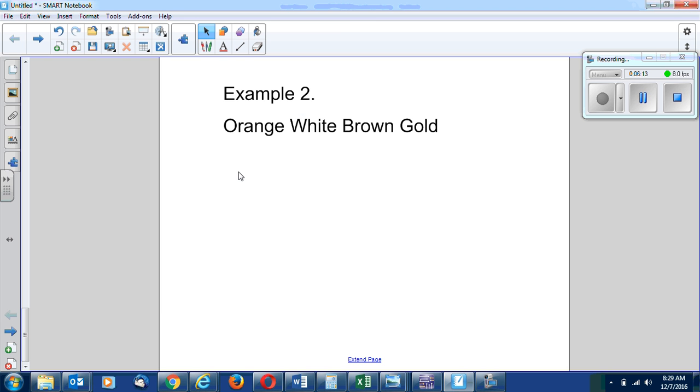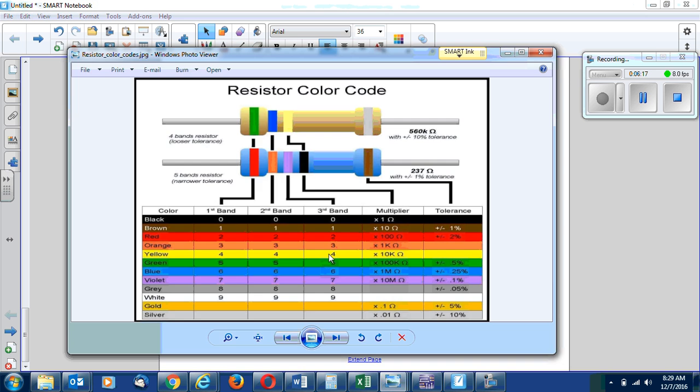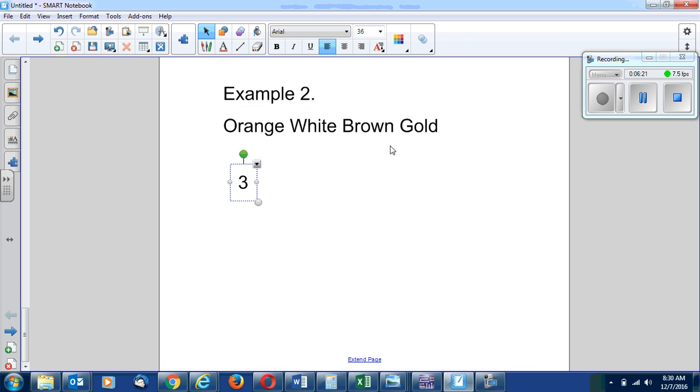So, orange corresponds to 3. Now let's take a look at the white. White corresponds to 9, so that's my second band. Now my third band is my second to last band, and that's my multiplier. If you look at the color code, you will see that this is times 10 ohms. So the value of the resistor is 390 ohms.